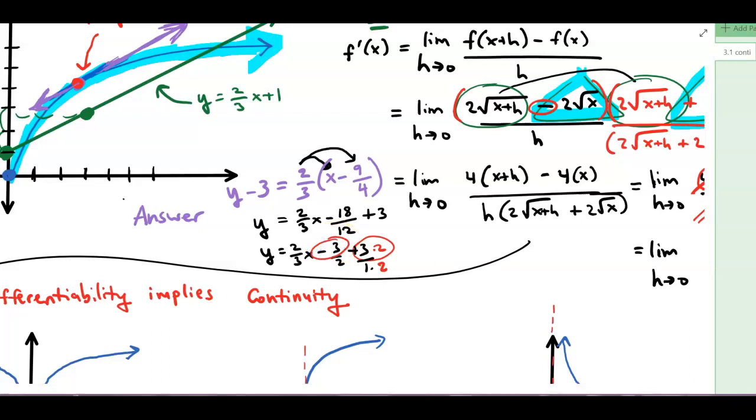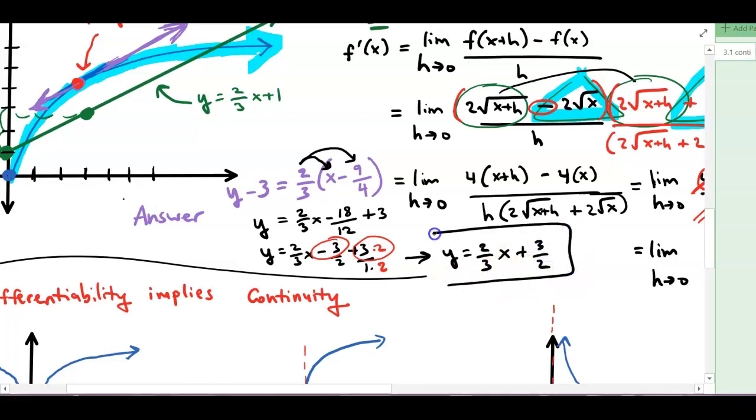And so my final answer in slope-intercept form would be y equals, let me erase this little piece right here, 2/3 x, 6 minus 3 is 3, so plus 3 halves. So that would be our answer in slope-intercept form.